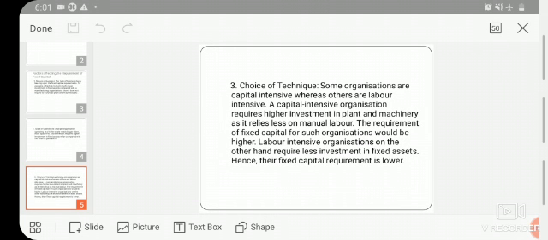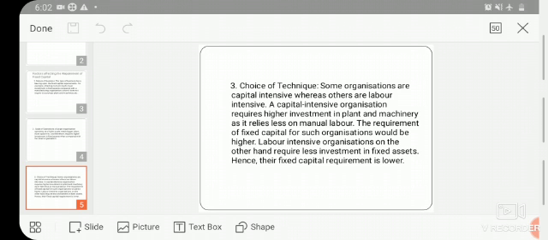Third one, choice of technique or method of production. A capital intensive organization requires higher investment in plant and machinery, thereby the requirement of fixed capital for such an organization would be more, means higher.